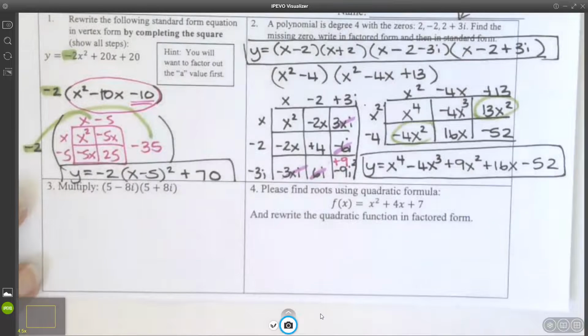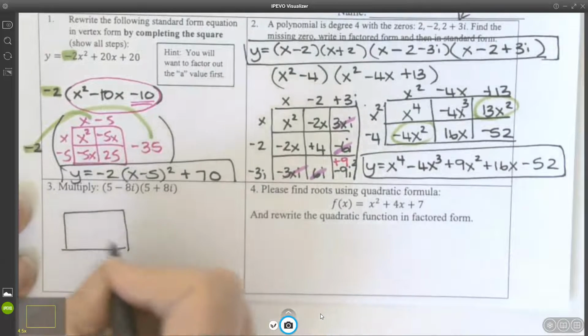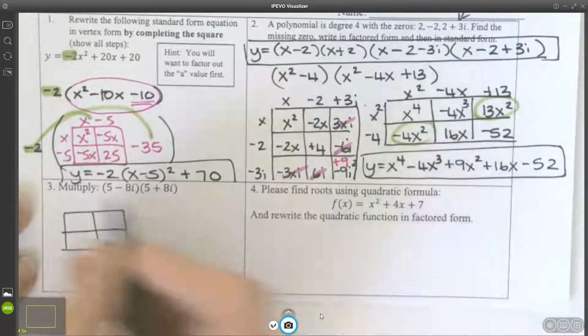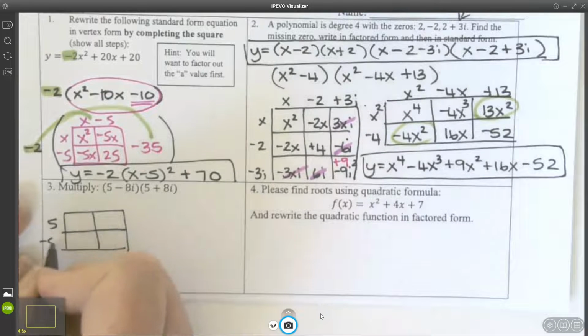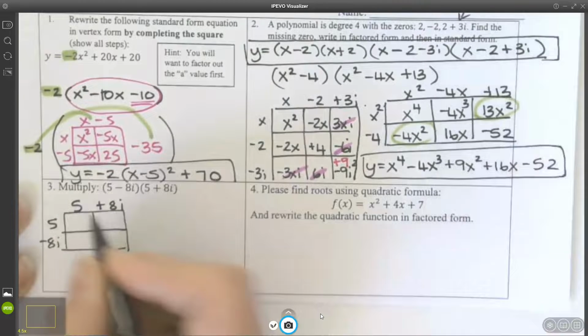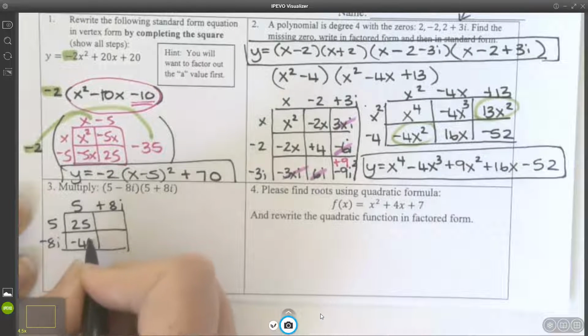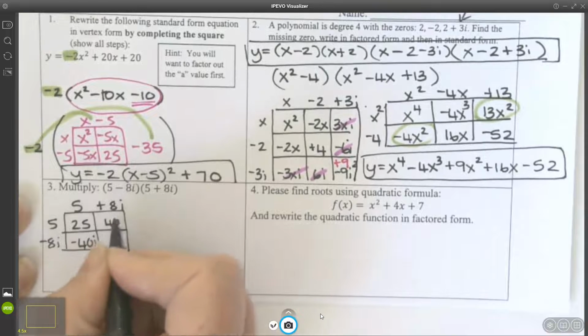This next one, I'm going to multiply these two complex numbers together. I could use the distributive property or FOIL, or I could just use a little box. I'm going to do it using the box. And I'm going to get 5 times 5 is 25. This is going to give me negative 40i. This is going to give me positive 40i.